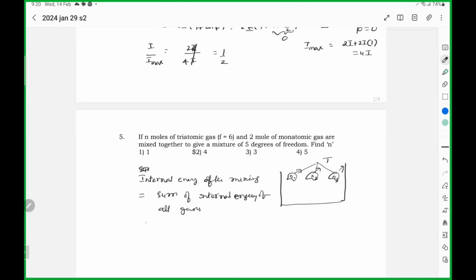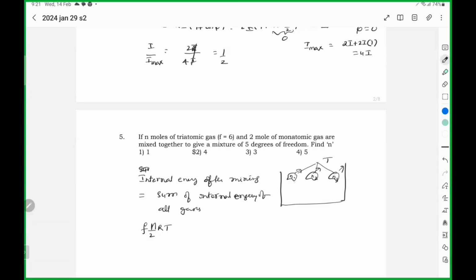So internal energy is nothing but, for one molecule, half RT for 1 degree of freedom; for 1 mole, half RT; for n moles, n by 2 RT; for f degrees of freedom, this.